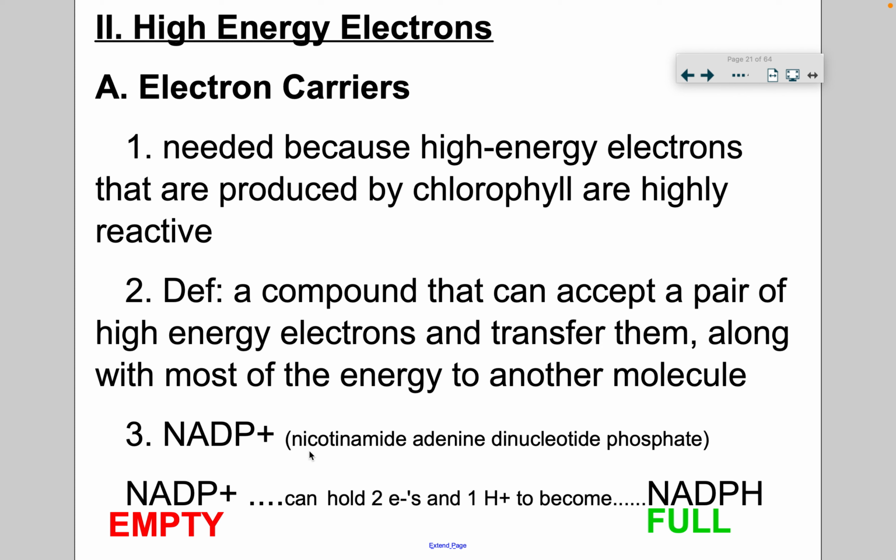NADP+ stands for nicotinamide adenine dinucleotide phosphate. When it's just NADP+, it's empty. It's not carrying any electrons. It can hold 2 electrons, and when it picks up 2 high energy electrons as well as a proton, it becomes NADPH. Now it has electrons, and it's carrying them to another location.